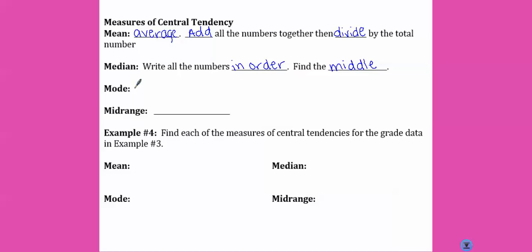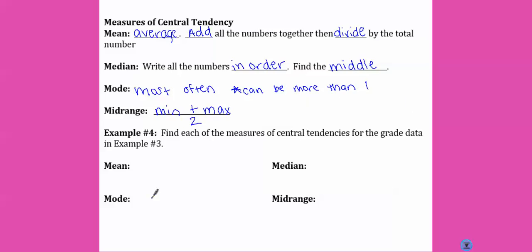Mode is whichever is there most often. A note here would be that there can be more than one. Mid-range is your min plus your max, and then divide it by 2.